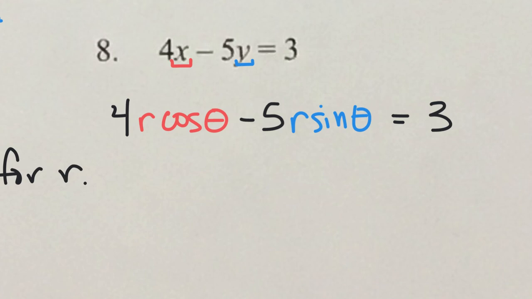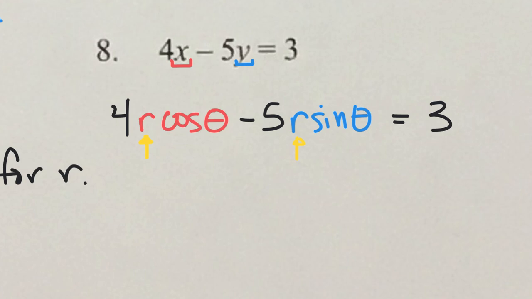We don't have to do any prior manipulation. We have an x and a y, so you just straight replace them. Okay? But now our business is to solve for r. And I see r in 2 different places. That's too many r's.